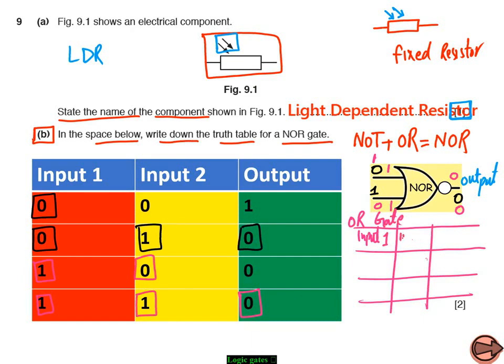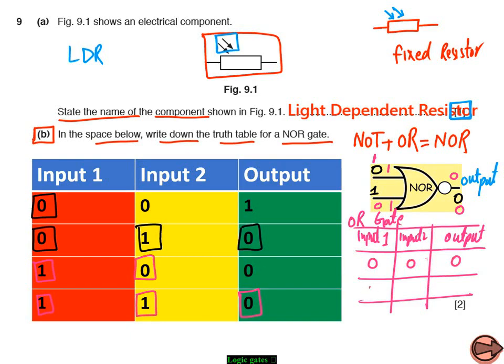Comparison is very important. Let's say if the input is 0 here and the input is 0 here, the output has to be 0.